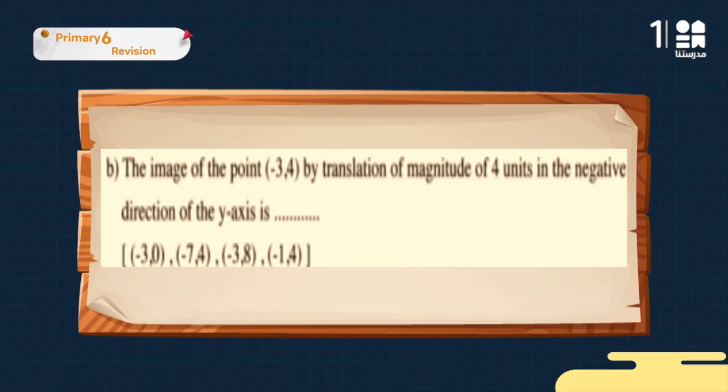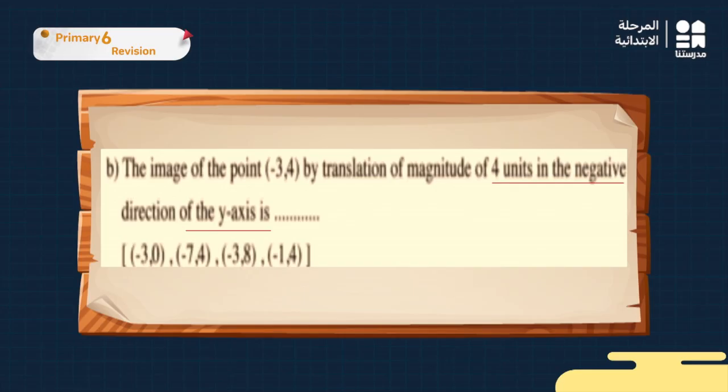Here he says: the image of the point negative 3 and 4. So negative 3 and 4 is the point, by translation of magnitude 4 units in the negative direction of the y-axis. Now we will move in the negative direction and in the y-axis. So what am I supposed to do here? For the y I take the 4; the negative 3 I will write as it is, and the 4 I will make minus 4.